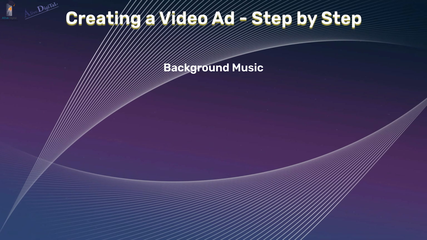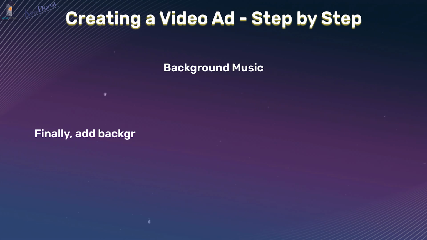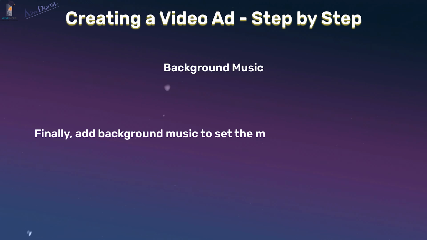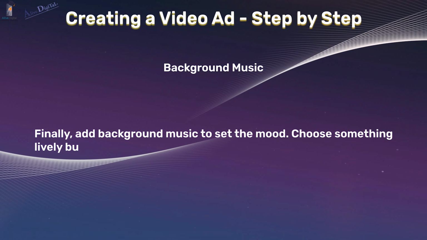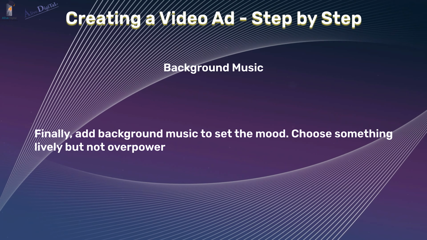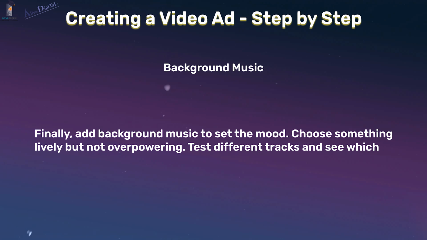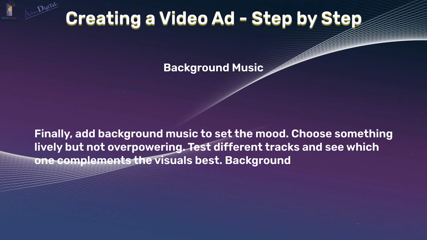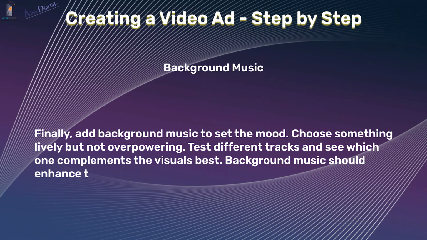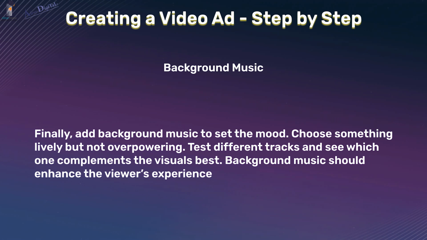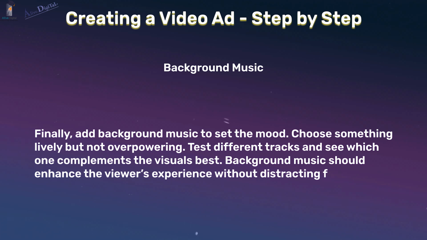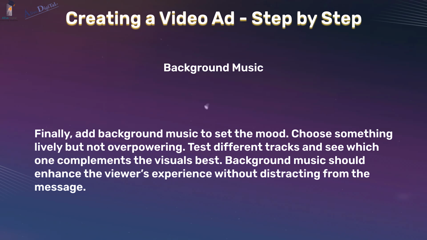Background music. Finally, add background music to set the mood. Choose something soothing, lively, but not overpowering. Test different tracks and see which one complements the visuals best. Background music should enhance the viewer's experience without distracting from the message.